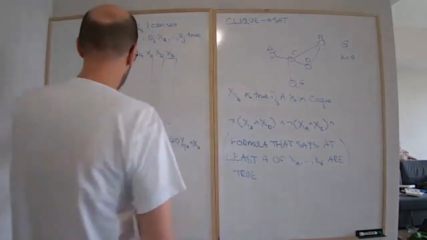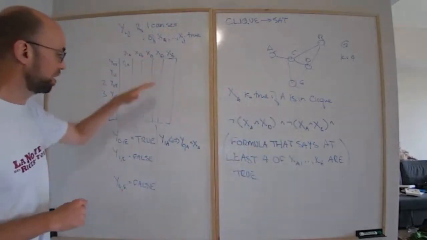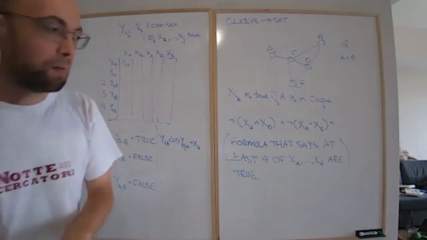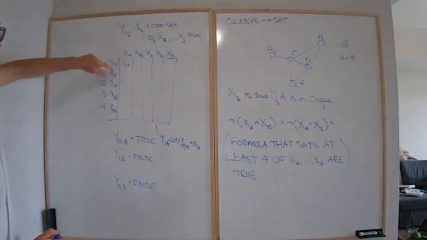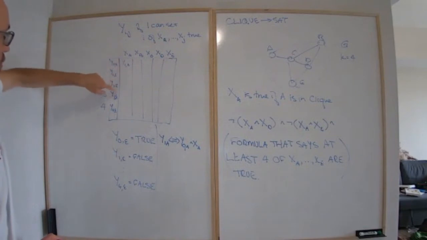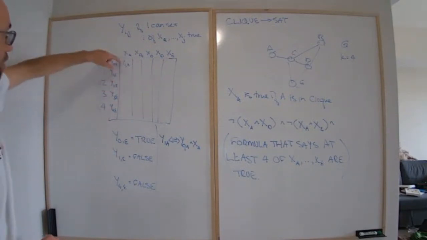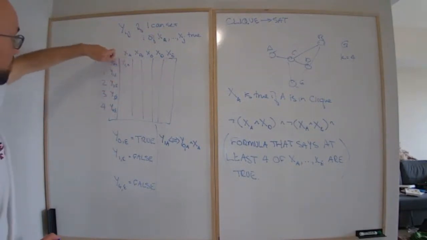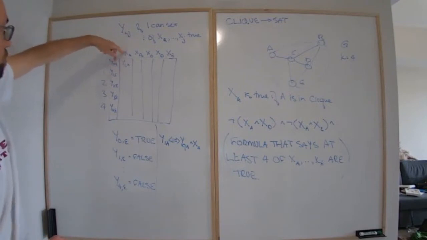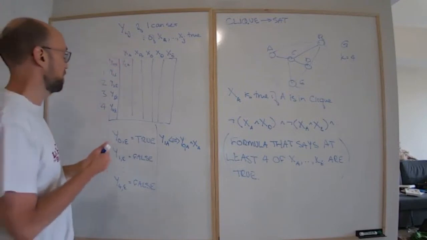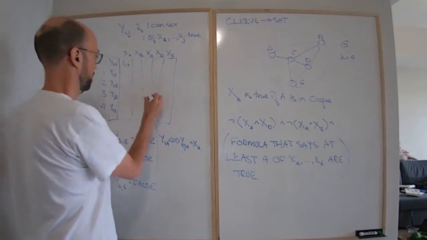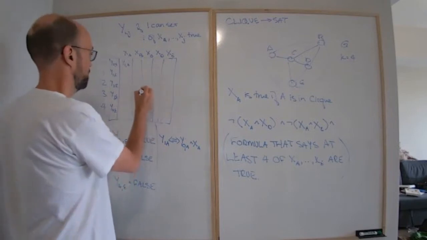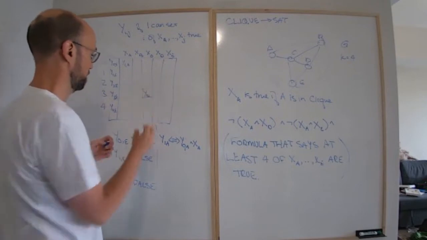But now what I'm doing, I'm writing a formula that says I can satisfy this, but this is true, this is false, this is false, this is false, this is false. This is true if this is true and xa is true. Okay? So let's look at y sub 3c.